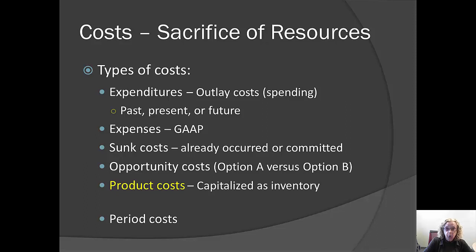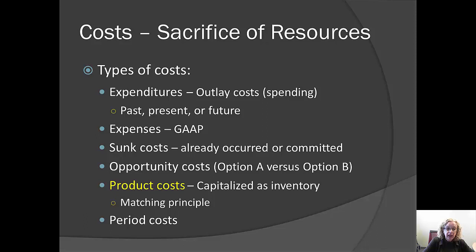And we don't get to recognize those costs as an expense until the inventory is sold and that cost becomes part of cost of goods sold. This is another example of following the matching principle. We can't match the cost of inventory to revenues until the inventory is sold and generates revenues for us.